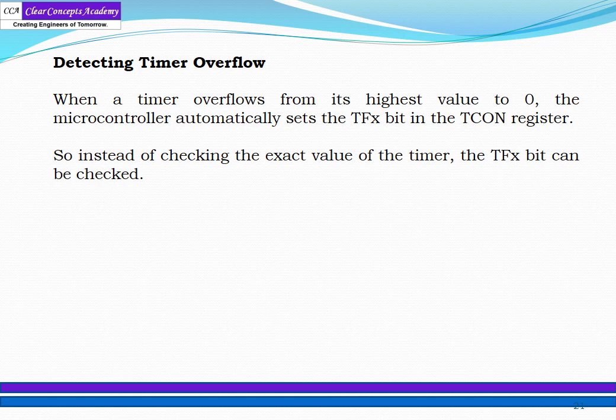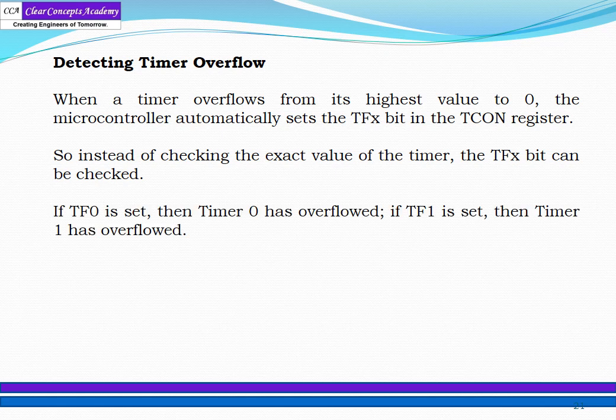So instead of checking the exact value of the timer, the TFx bit can be checked to see whether it has become 0. If TF0 is set, then timer 0 has overflowed, and if TF1 is set, then timer 1 has overflowed. Overflowed means it has gone from its high value to 0.